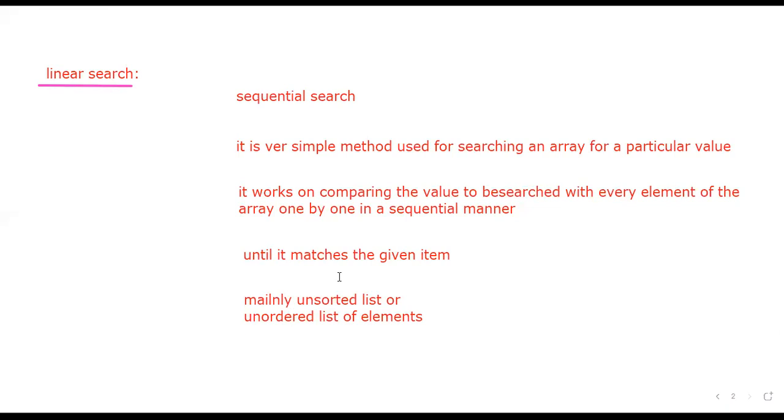That means the elements that are not in sequence, either in ascending order or descending order. So that is called an unordered list of elements. The linear search will apply on an unordered list or ordered list. Any type of list we can apply the linear search.